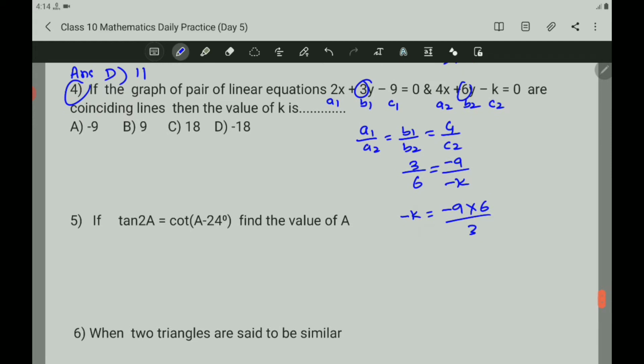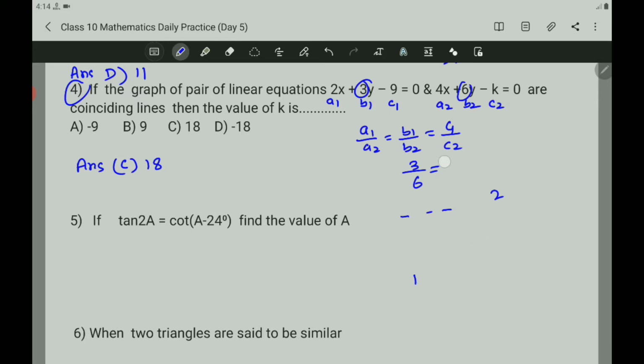Then 3 ones are 3, 3 twos are 6. We got minus k equals minus 18. So k equals what? 18. K equals 18 is the answer here. So option C, right? Answer option C, 18.